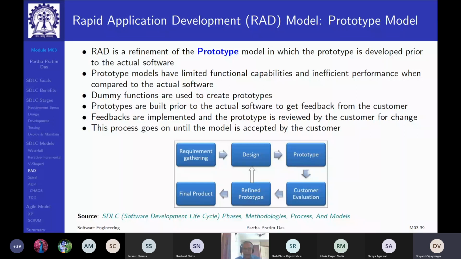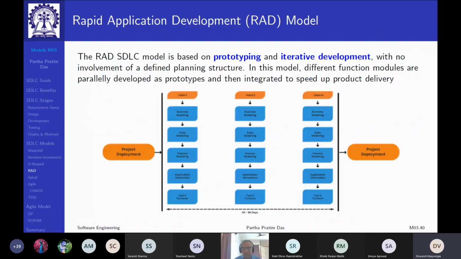Right? So RAD has naturally become more and more popular. You can see this looks pretty much like the iterative refinement, but the sense here is somewhat different.